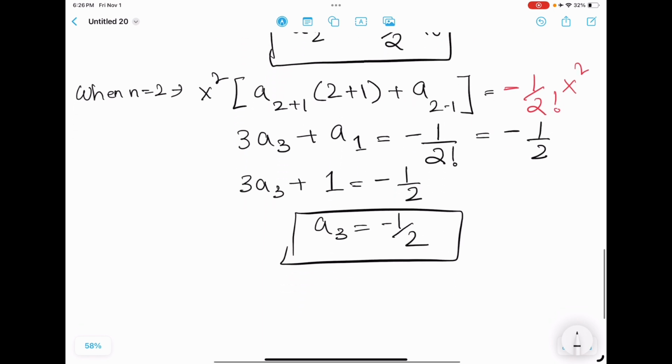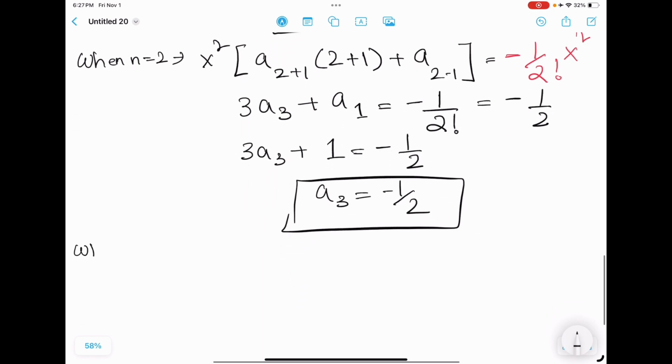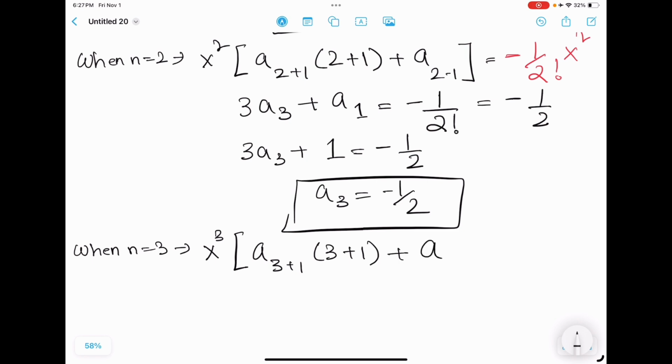Okay, so let's find it for n equal to 3. Again, when n is equal to 3, my power of x is 3. And then I have a sub 3 plus 1 times 3 plus 1 plus a sub 3 minus 1. Again, remember that my cosine is an even function, so all the powers of my x would be even.